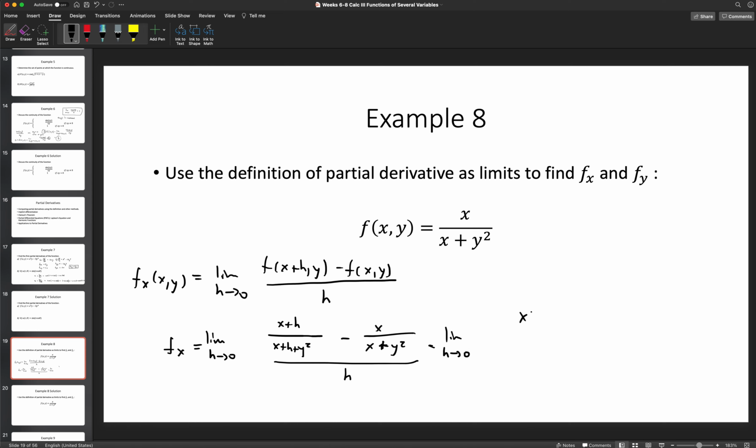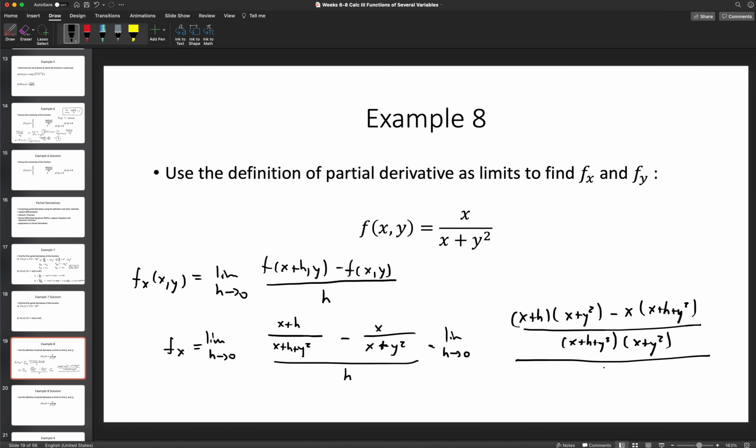So let's do that. Let's make one fraction in the numerator. So you get x plus h times x plus y squared minus x plus h plus y squared all over the LCD, which is this, all divided by h.